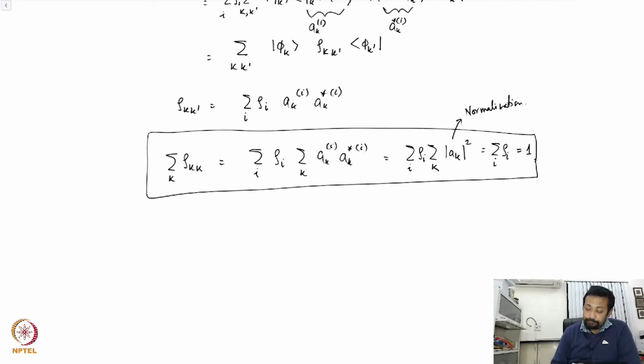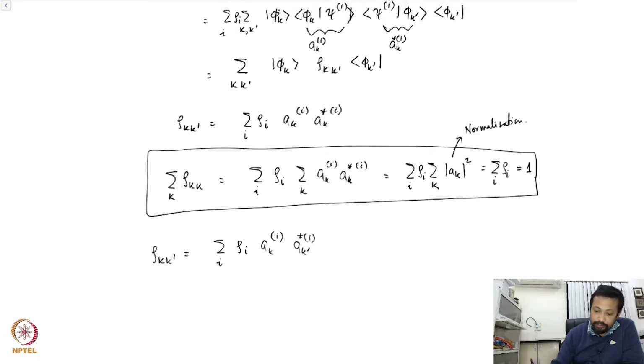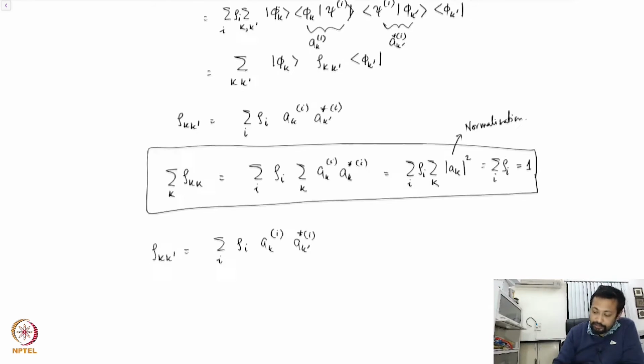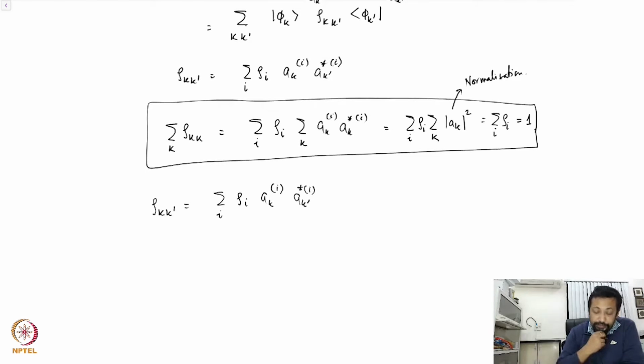Further, note that this is a Hermitian operator, right? So I have rho of k k prime as the sum over i of rho i, a k i, a k prime star i. Let's see. This is k, this is k prime. Please, I do make such silly mistakes, but you have to be careful with these things.